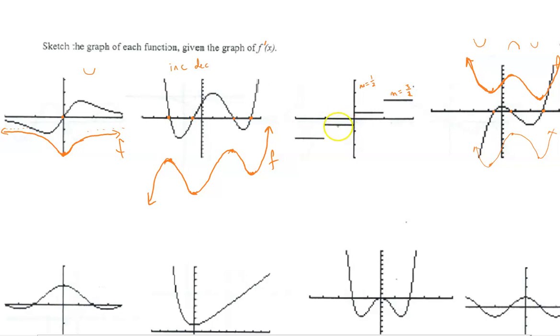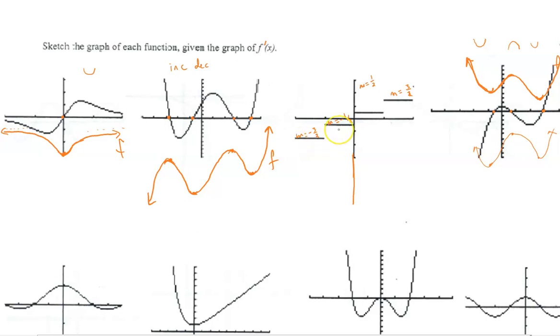And then over here, f prime has a value of -1/2, so the slope of f should be -1/2, and then the slope of -3/2. Okay, so wherever I draw this, and I'm going to draw it down below, I should have 4 linear segments that have slopes of -3/2, -1/2, +1/2, and +3/2.